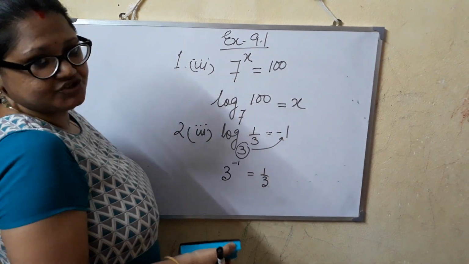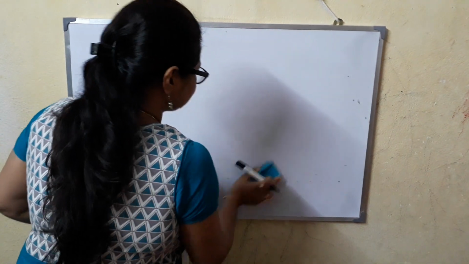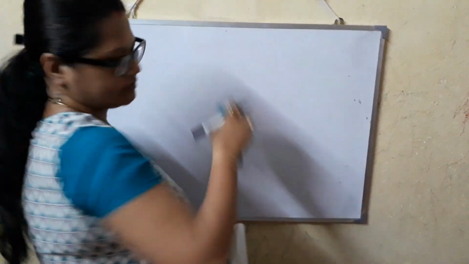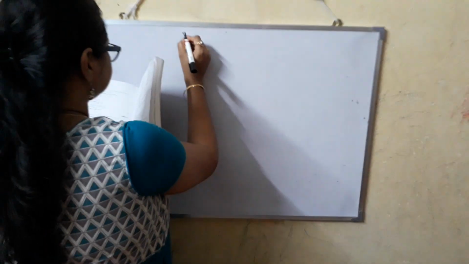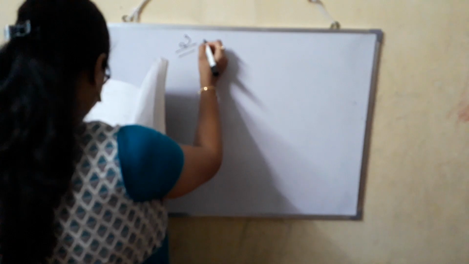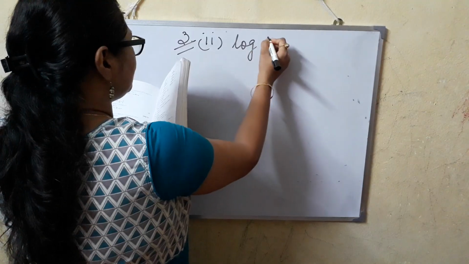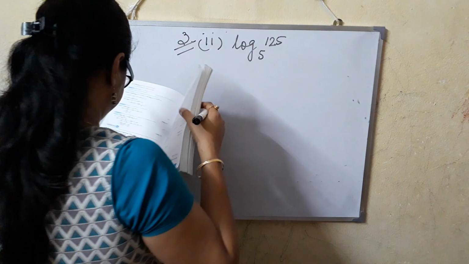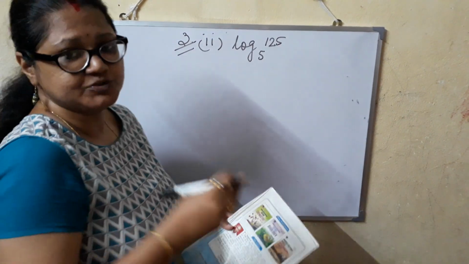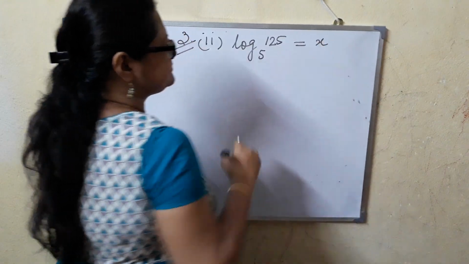So guys, suppose you have understood this. Let's move on to the next pattern of sums. Question number 3. I'm going to do number 2. It's given log 125 to the base of 5. They told you to find out the value with the help of exponential form. So this one I can write as equal to x.